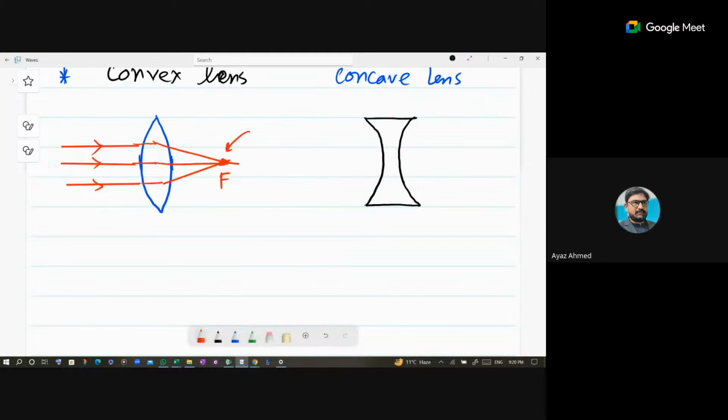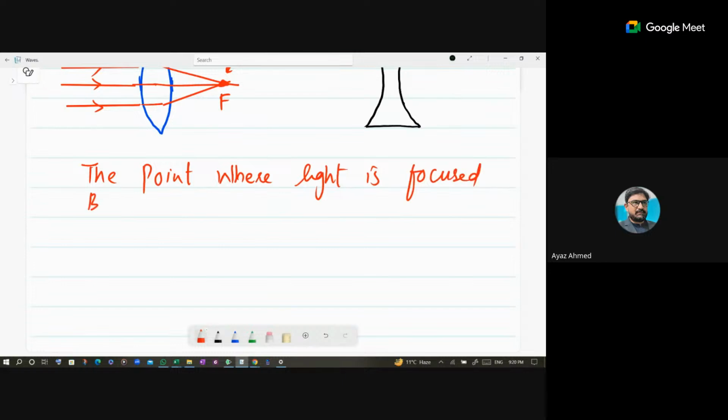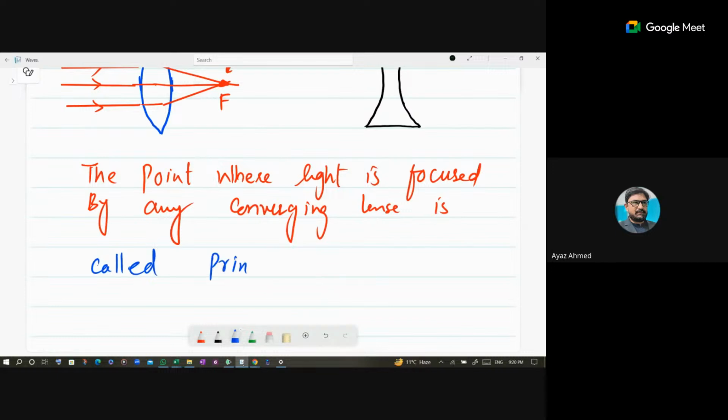So the point where light is focused by any converging lens, I'm talking about converging lens first, is called the principal focus, or focal point.